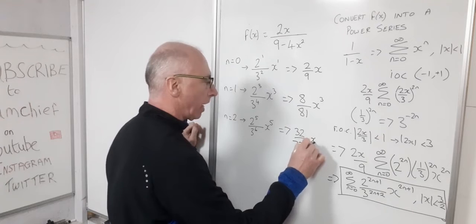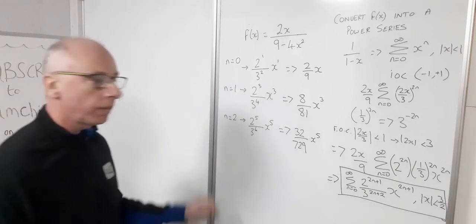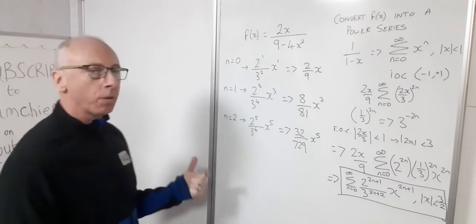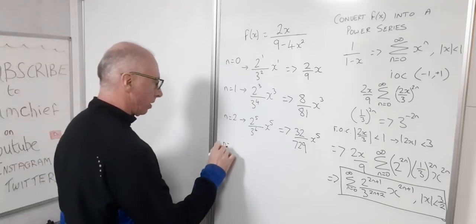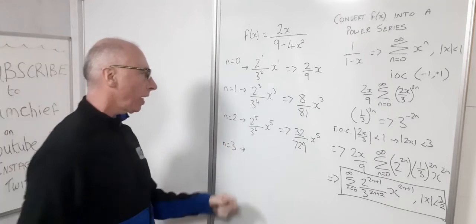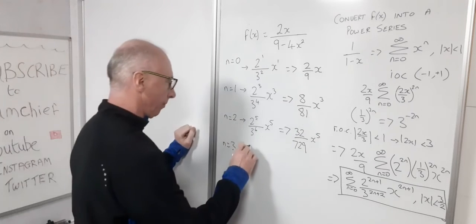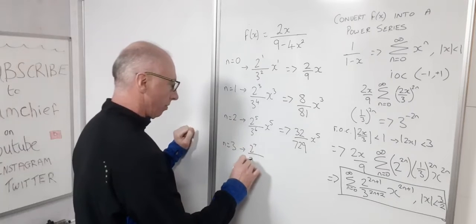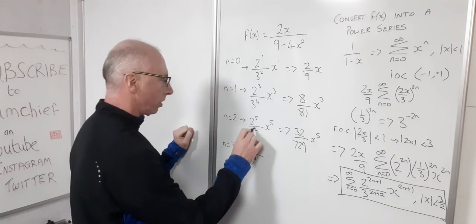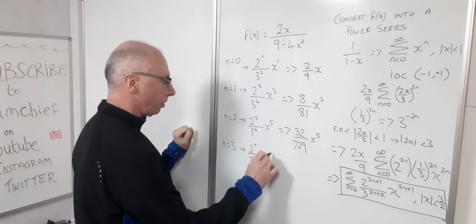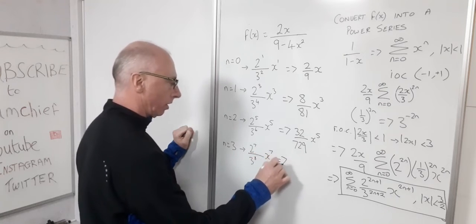And then that would be x to the 5. And let's do an extra one. Let's do n equals 3. I like big numbers. So now we've got 2 to the 7, 3 to the 8, just adding 2 on each time, and x to the 7.